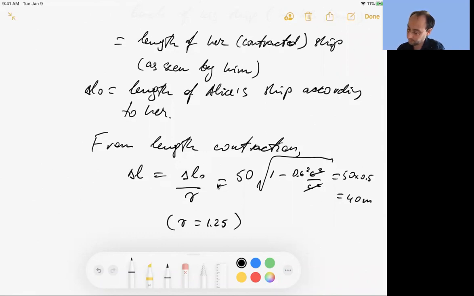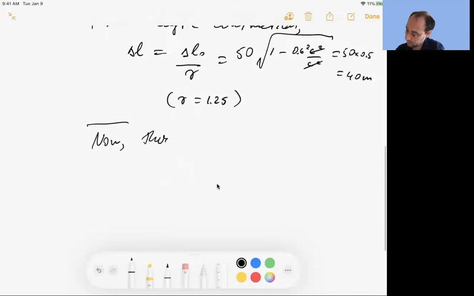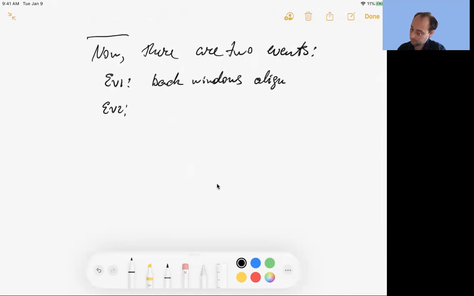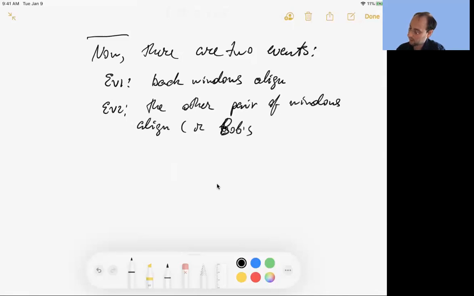So let me write this down. Or maybe you could say that Bob's middle window is aligned with the window at the very front of Alice's ship, or just with the front of Alice's ship.